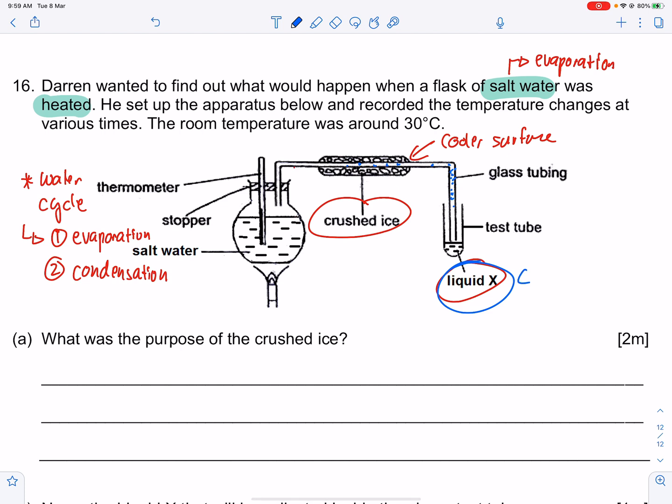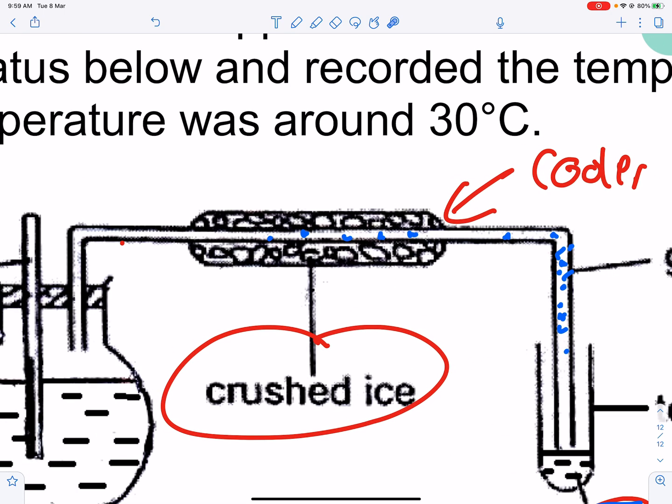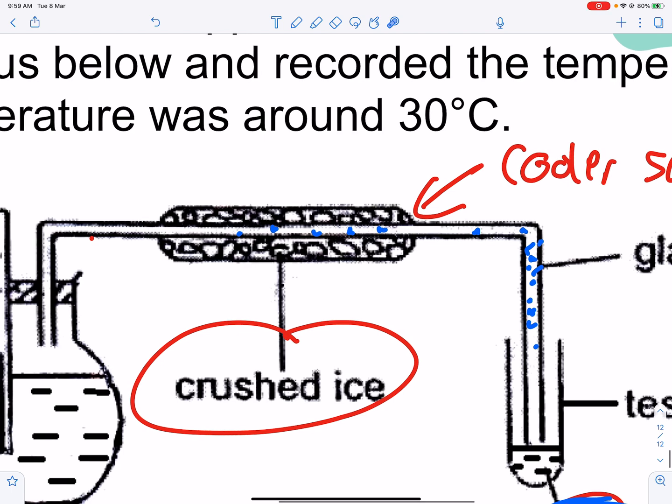So the liquid, in fact, you probably will have identified it, is actually pure water. Okay? So what was the purpose of the crushed ice, which I told you it is to give you a cooler surface. Now, the whole purpose of the crushed ice is to make your glass tubing colder or cooler.